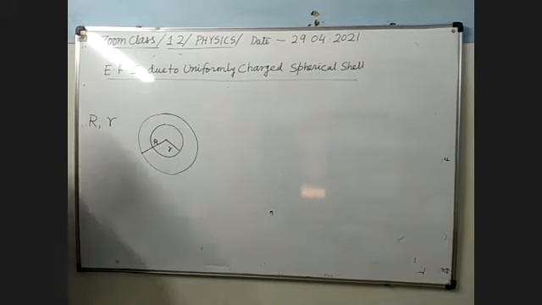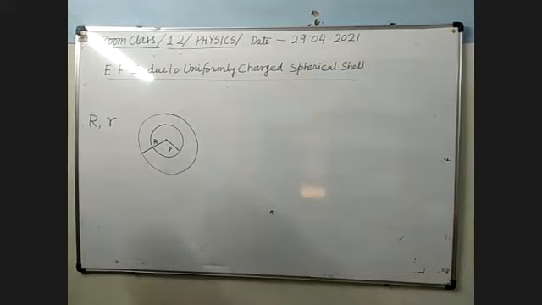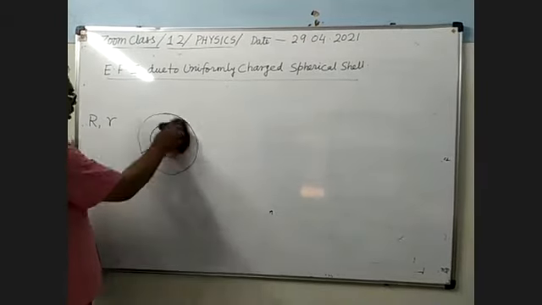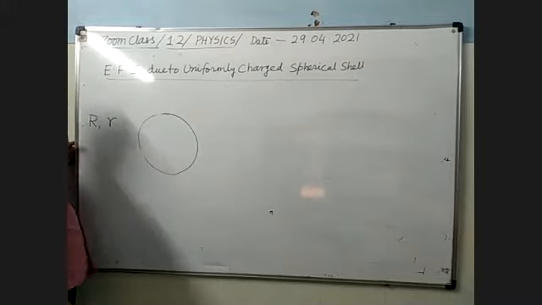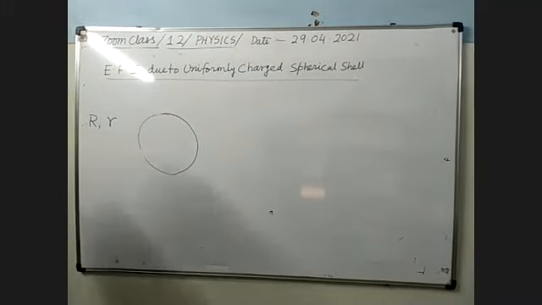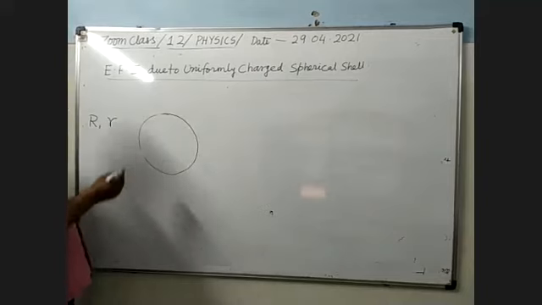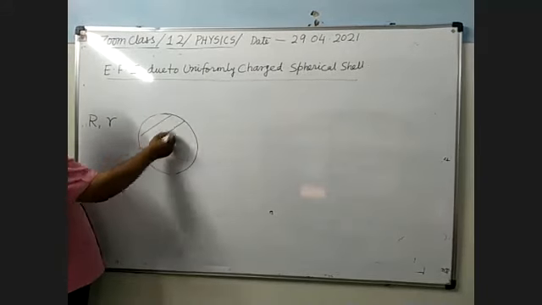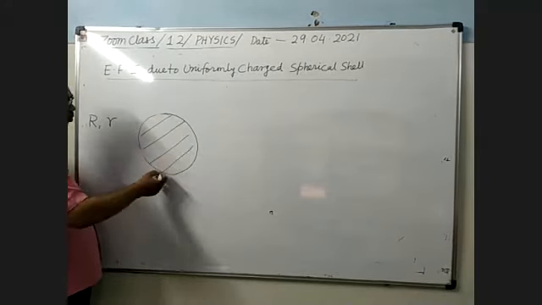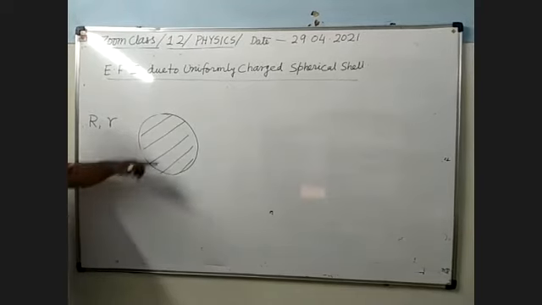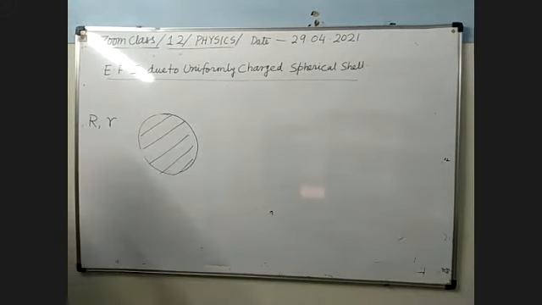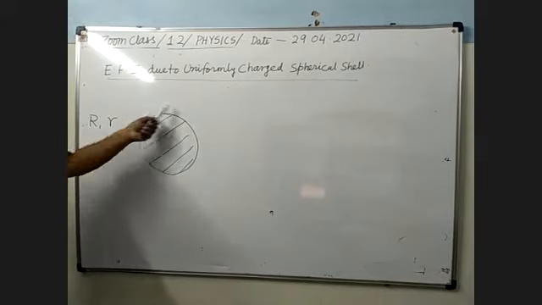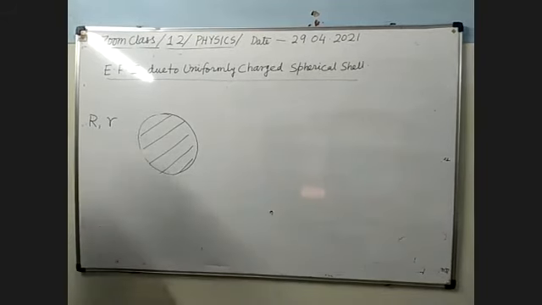So we have to determine the electric intensity due to a uniformly charged spherical cell, thin spherical cell. And what is sphere? Sphere is having material in whole of its volume. Sphere में पूरे वॉल्यूम पे मैटर होता है, but in the spherical cell matter is only on the surface.